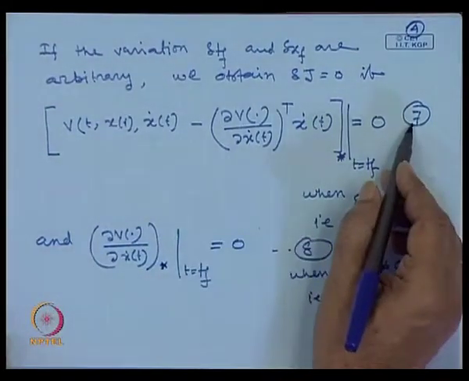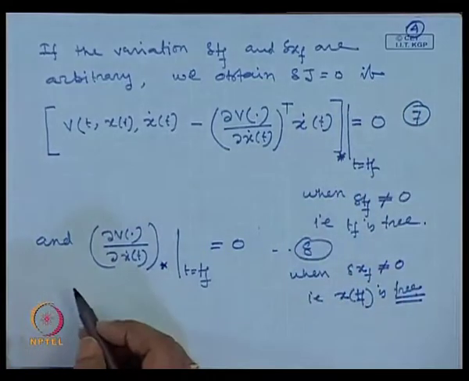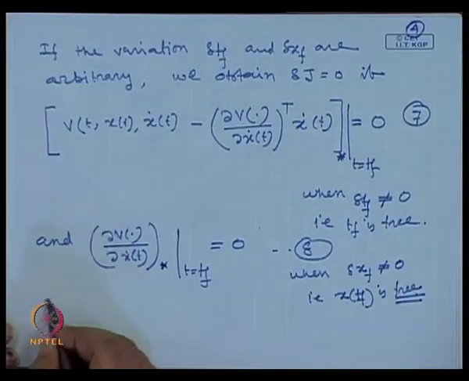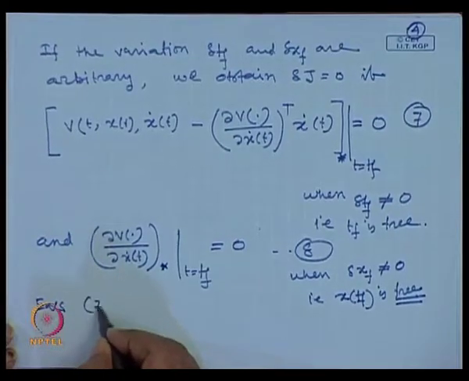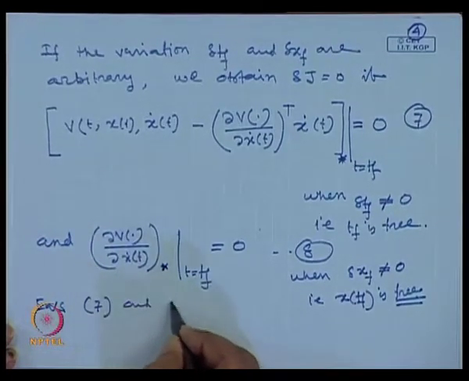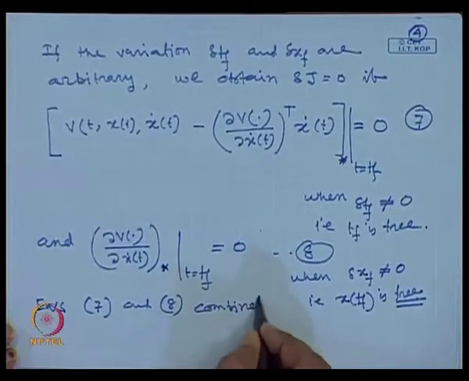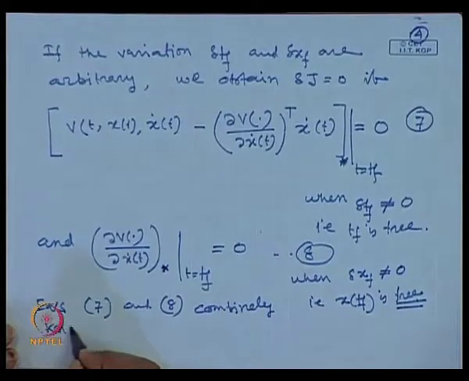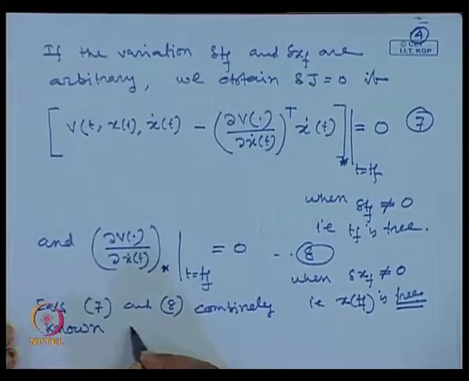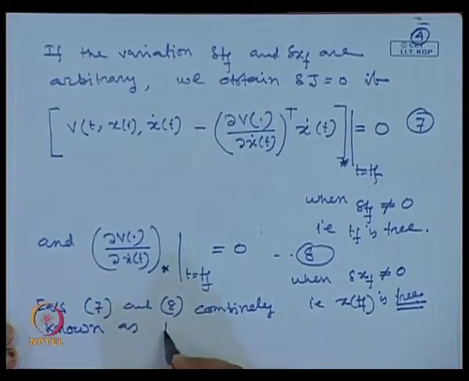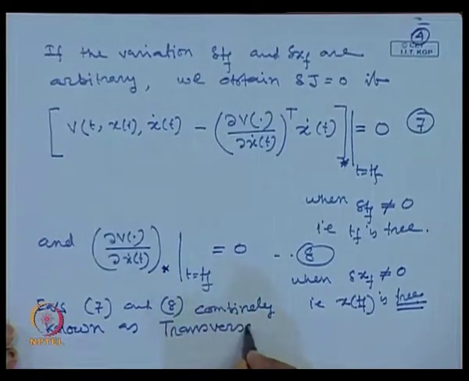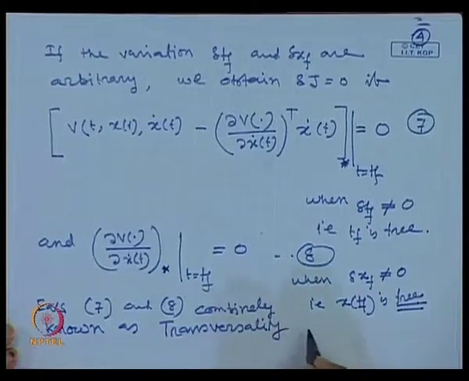So, equations 7 and 8 are combinedly known as the transversality condition.